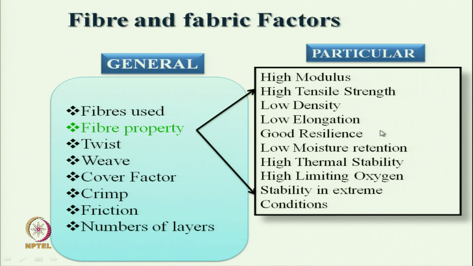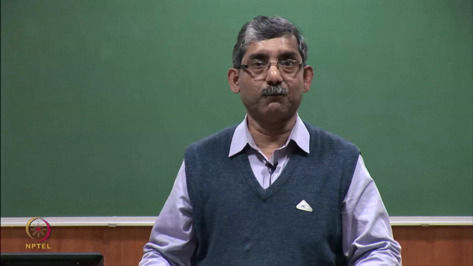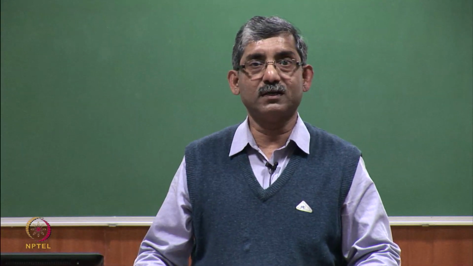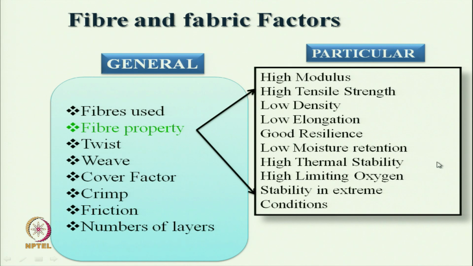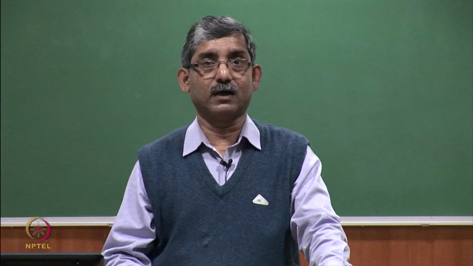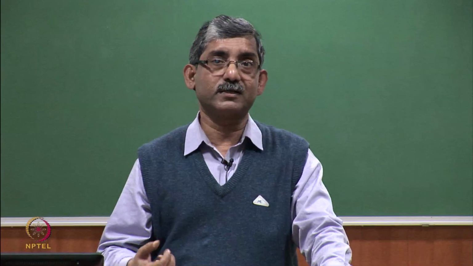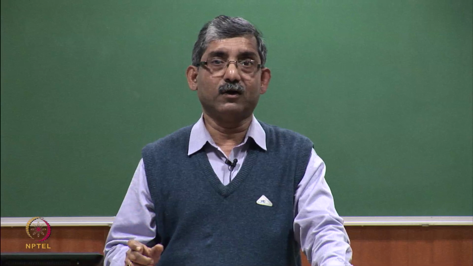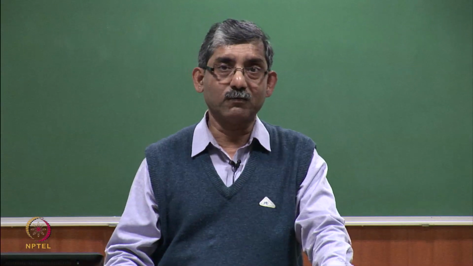Good resilience, that means after impact the structure should come back again. Low moisture retention, high thermal stability. High thermal stability is required in that fiber, because during the bullet penetration at high speed, high heat generation is there. So, it should not melt or shrink or deform.